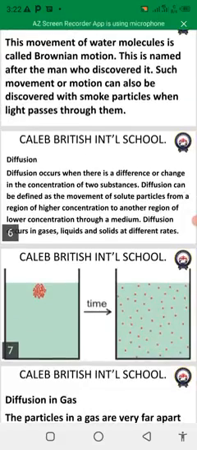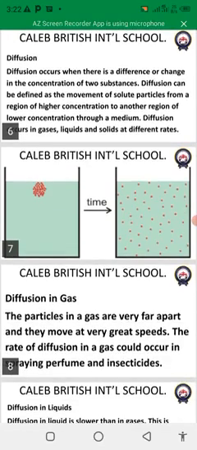Now, I want to talk about diffusion. Diffusion occurs when there is a difference or change in the concentration of two substances. Diffusion can be defined as the movement of solute particles from a region of higher concentration to another region of lower concentration through a medium.